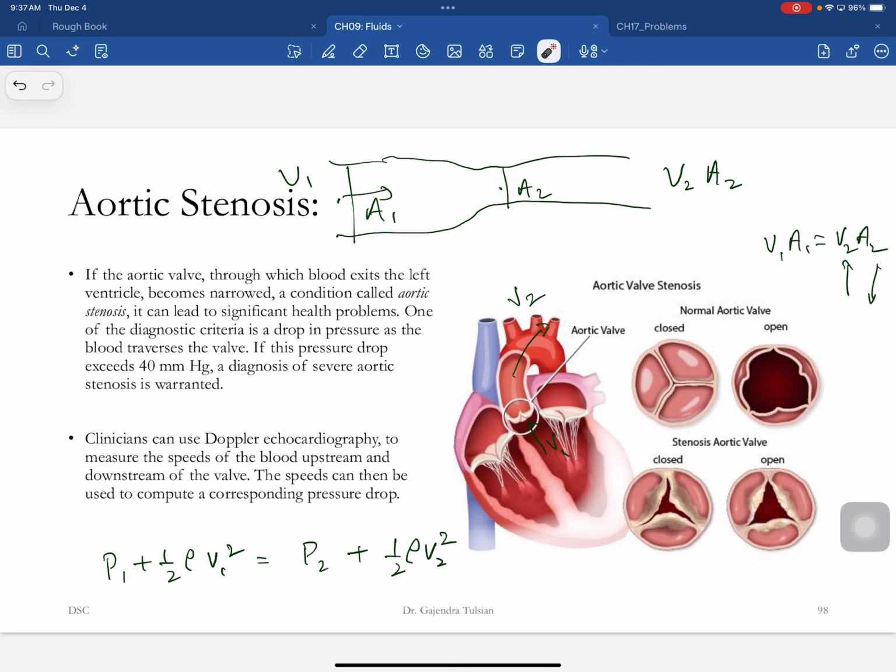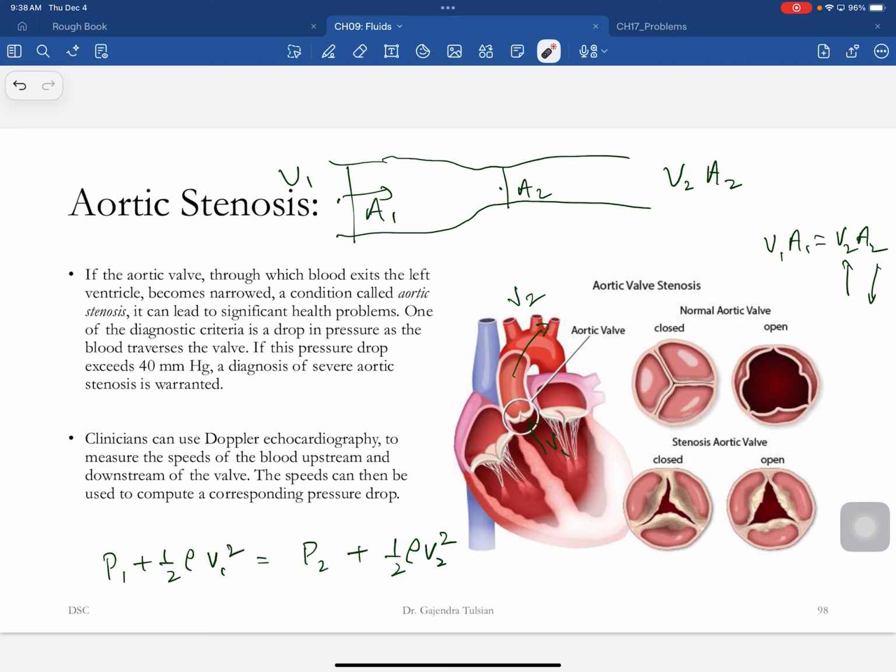Okay. So another way of saying that speed has increased too much is that the valve opening has decreased. If the pressure drops by 40 millimeters of mercury, that means you have stenosis. Okay? So the drop in pressure is a proxy for how much the blood is sped up.